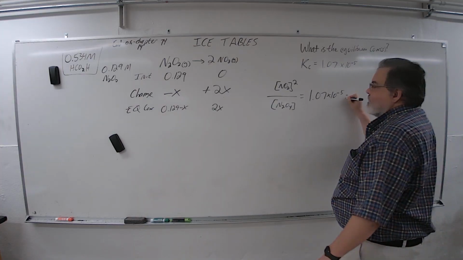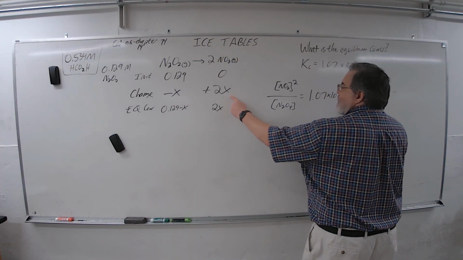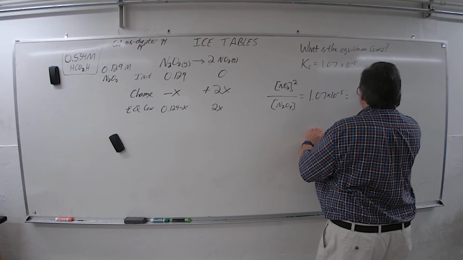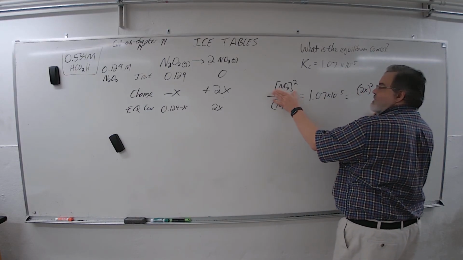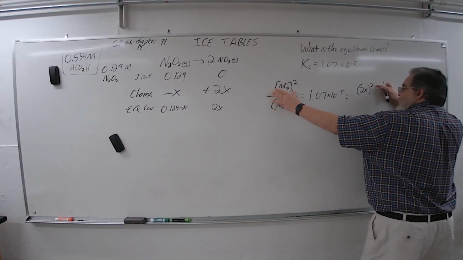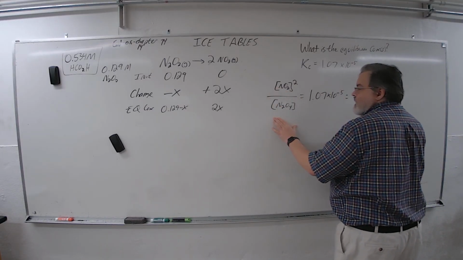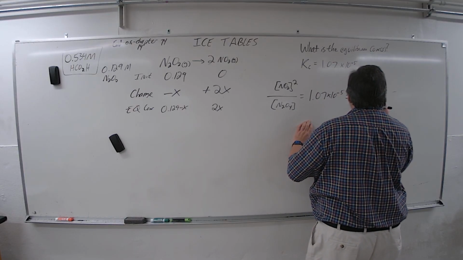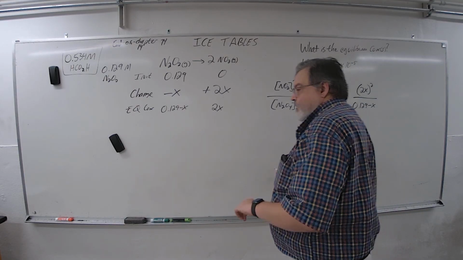And then I'm going to do 2x squared for the N2O2, because this one's concentration is 2x, but we've got a squared that goes with it. And then this one is x.